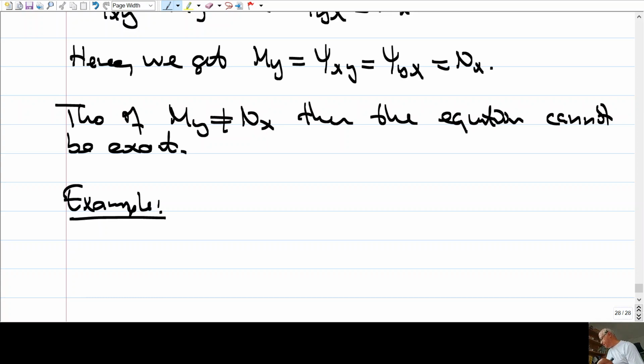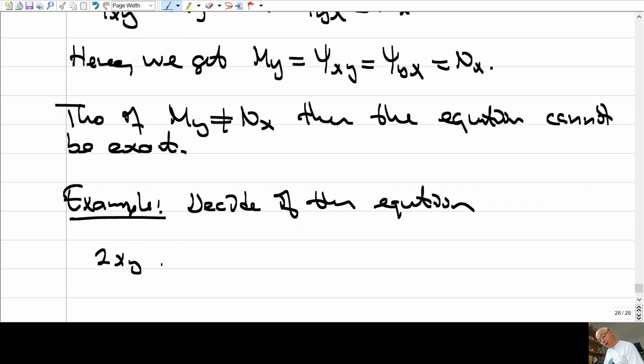For example, okay, decide if the equation, let's say, 2xy plus (x plus y) dy/dx is exact.